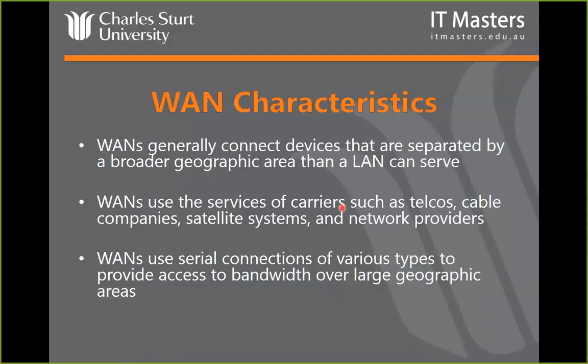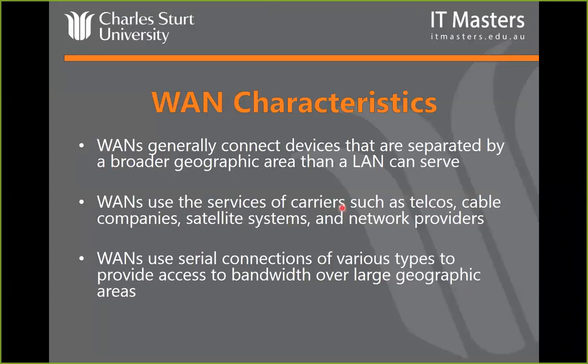So some WAN characteristics: they generally connect devices that are separated by a broader geographical area than a LAN can serve, so multiple kilometers, tens of kilometers, or hundreds of kilometers.